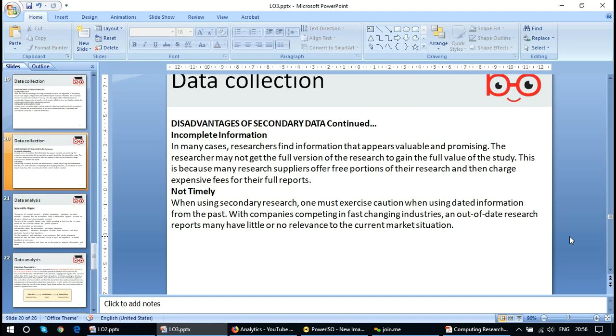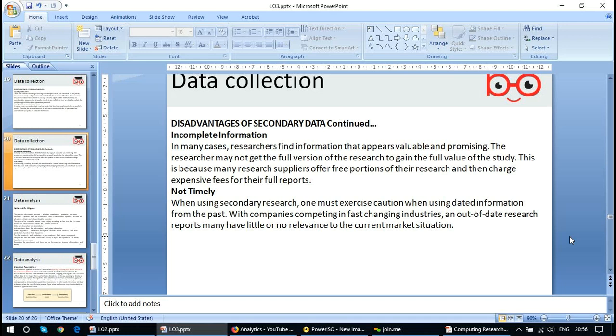Not timely. When using secondary research, one must exercise caution when using dated information from the past. It's not necessary that you get up-to-date information from the secondary source.